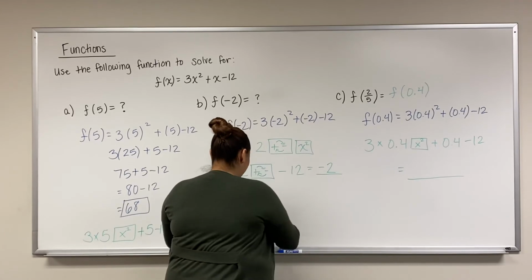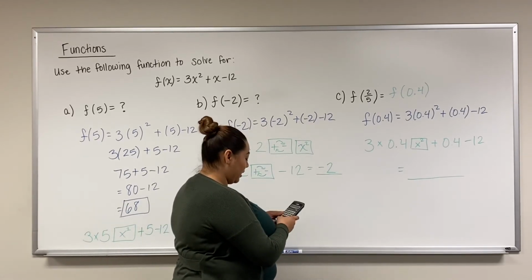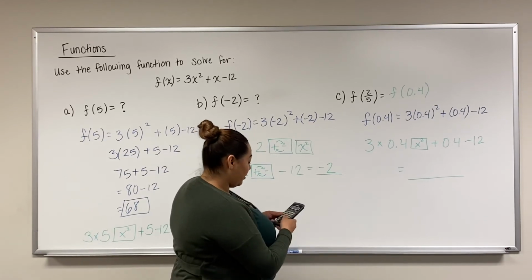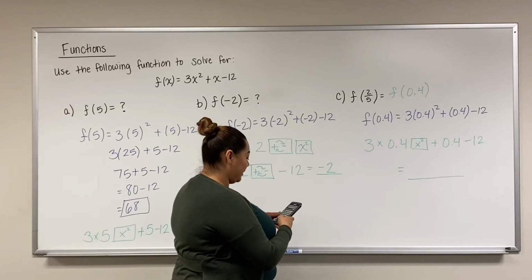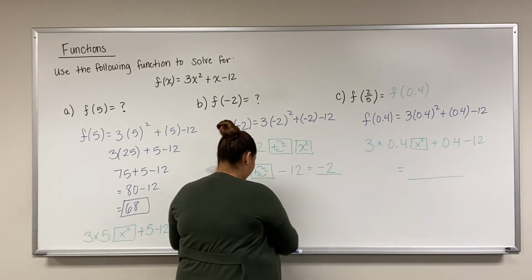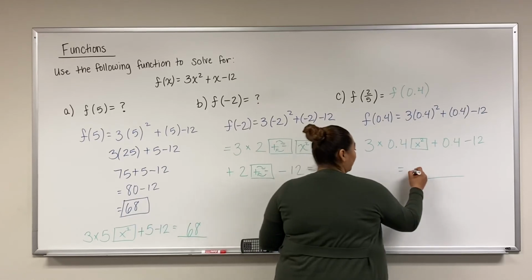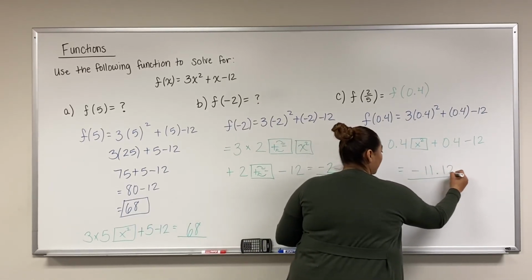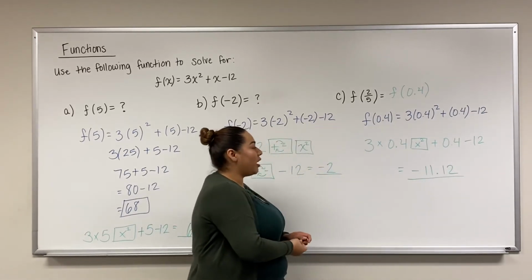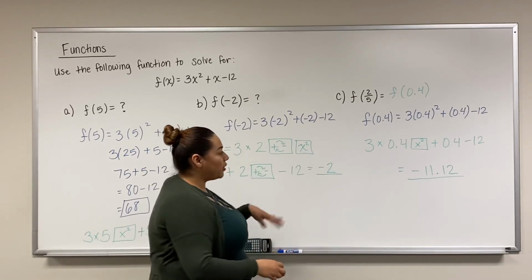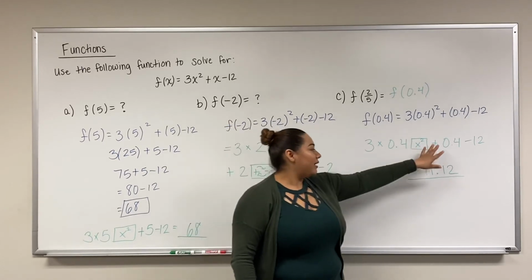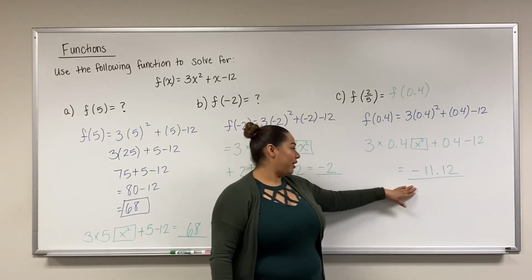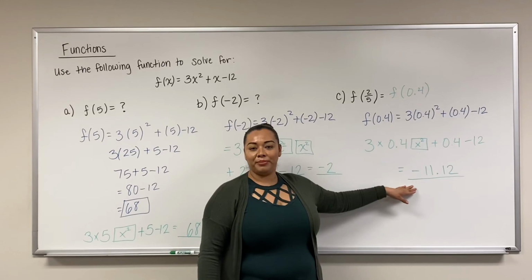So if I put in the calculator 3 times 0.4 squared plus 0.4 minus 12, it's going to be negative 11.12. So the calculator does the operation for us. It knows what to do first. In this case, it will do the exponent first, then multiply it out, then add, and finally subtract to get our final answer as negative 11.12.